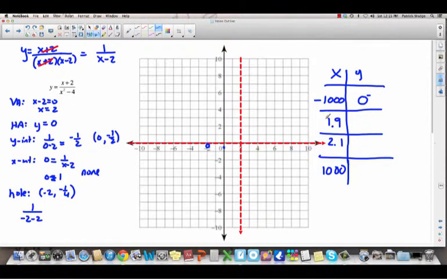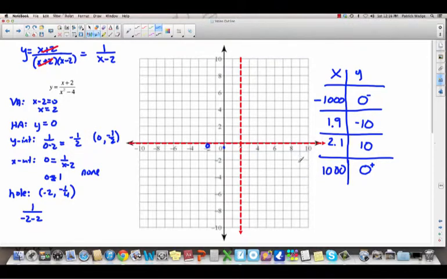It means it's 0, but just a little bit below 0. 1.9, when you put that in, you get around negative 10. And when you put 2.1 in, you get around positive 10. You can try these out for yourself. Actually, you do get exactly negative 10 here, and you get exactly positive 10. When you put 1,000 in, you get a very, very small number. This time it's positive, so it's 0, a little bit more than 0 this time, so we put 0 positive.